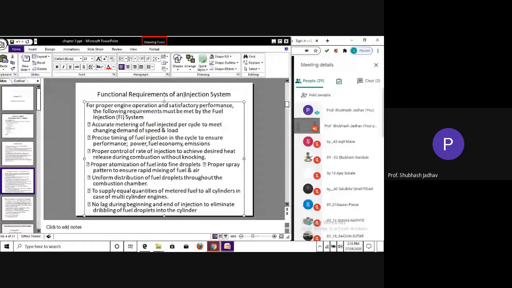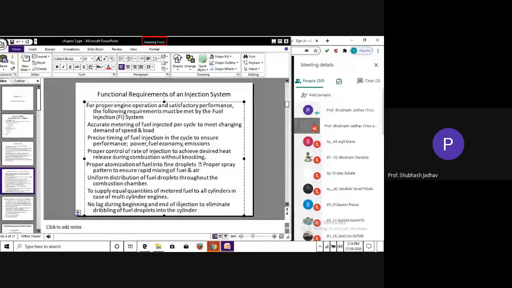That is, its measuring has to be done properly when it is being supplied to the engine. So that is the first point. We need to measure the fuel properly, because we are going to introduce the fuel directly into the combustion chamber, and after introduction of this particular fuel, that is going to decide the quality of the mixture.